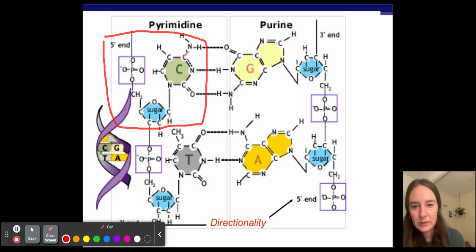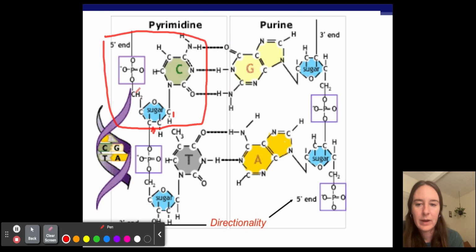And notice here that it's connected to our sugar. Here is carbon number 1. How do you know it's carbon number 1? Well, it's connected here. It's like the thumb to our base. And then if we continue on, carbon 2, carbon 3, there's our 3' end. And remember, our 3' end is always connected to our next monomer.